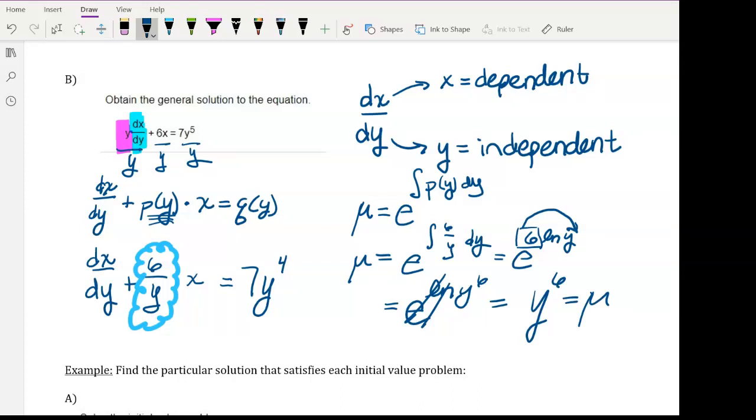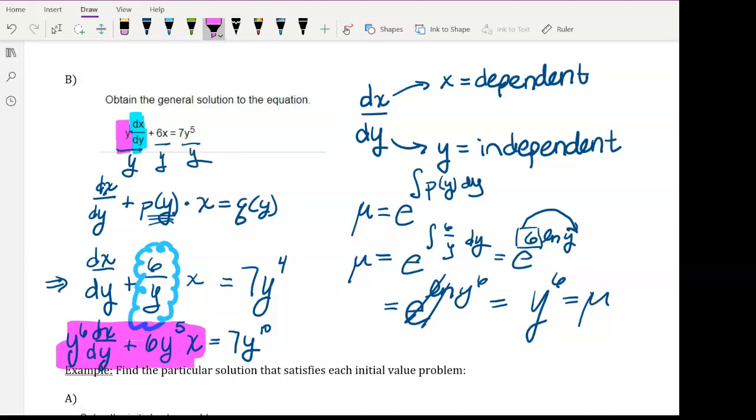So if we multiply through this equation by y to the sixth, and I'm going to simplify along the way, we get y to the sixth times dx/dy, plus 6y to the fifth times x equals 7y to the 10th. The left-hand side of our equation here matches up perfectly with a product rule.